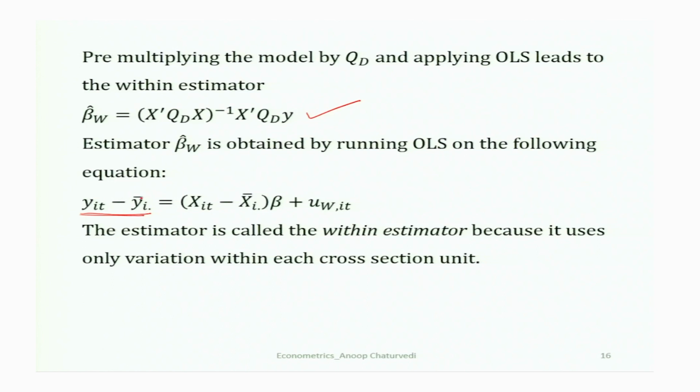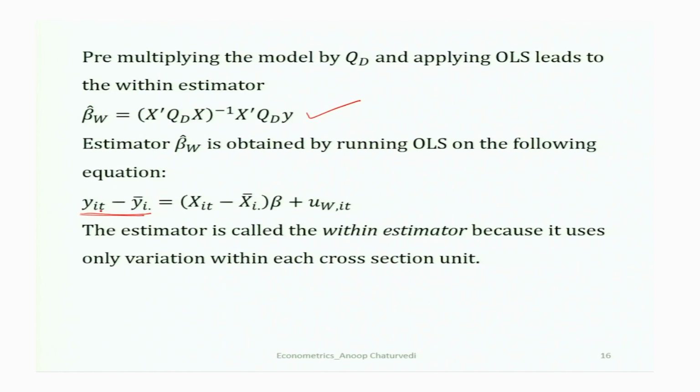Y bar i dot is the mean of the ith individual, or the ith cross section. So, you are taking deviation from the ith individual, or you can say you are getting within differences or within variations.